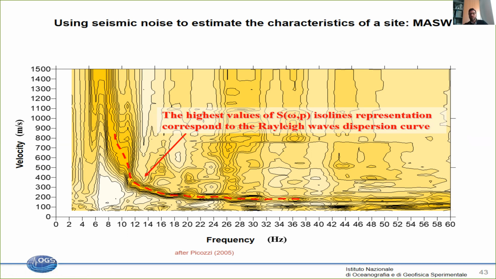So 200 divided by 40 is 5, divided by 2 is 2.5 meters. So with this dispersion curve, I have information as an average in the uppermost 2.5 meters, and I can investigate down to 30 meters depth.